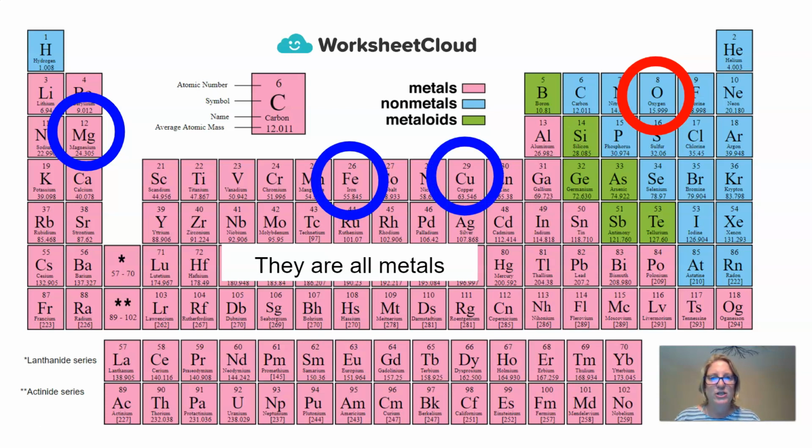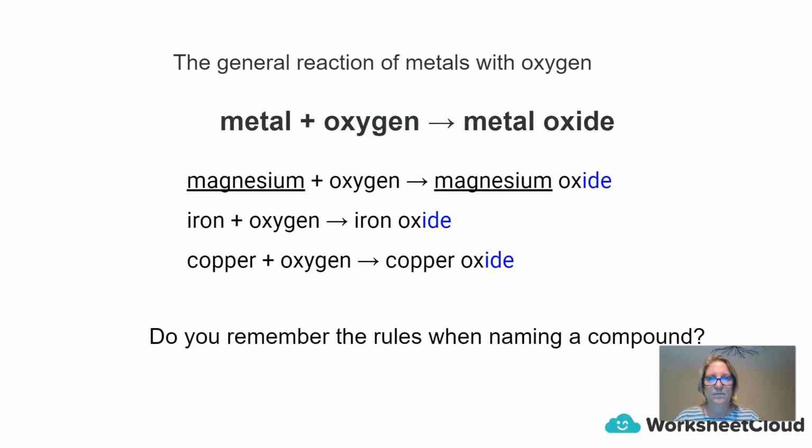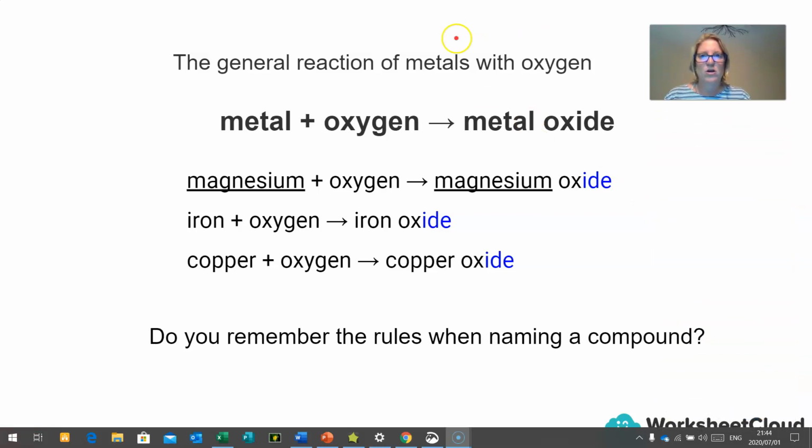And we might mention other elements like iron and copper. So the general reaction of metals with oxygen is a metal plus an oxygen reacts to give you a metal oxide.